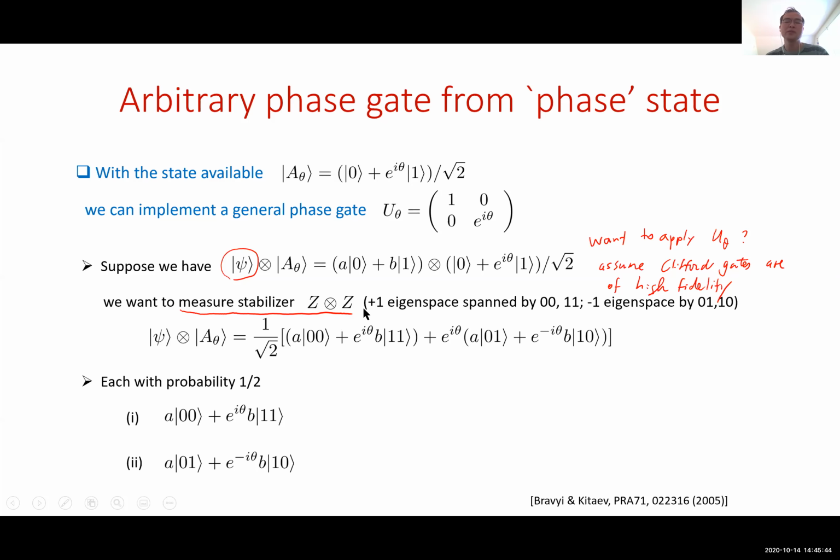So when you get the plus eigenvalue, you are projecting to this subspace, projecting the state to A|0,0> plus phase times B|1,1>. This is the plus eigenspace, and this is the minus 1 eigenspace.